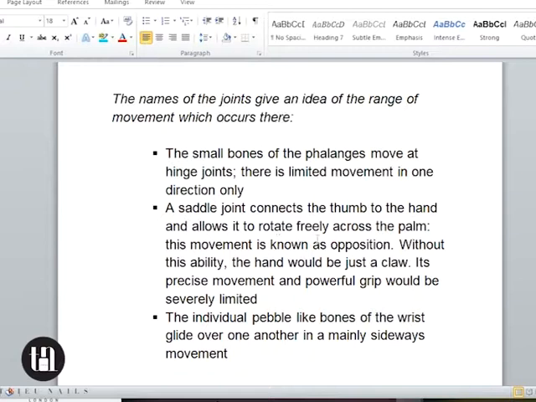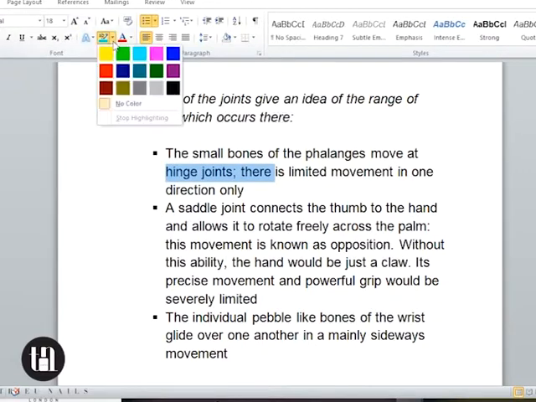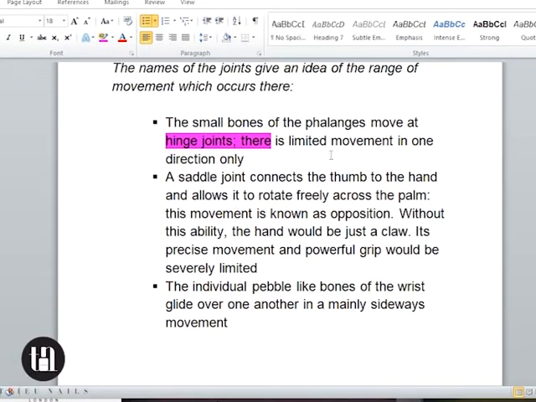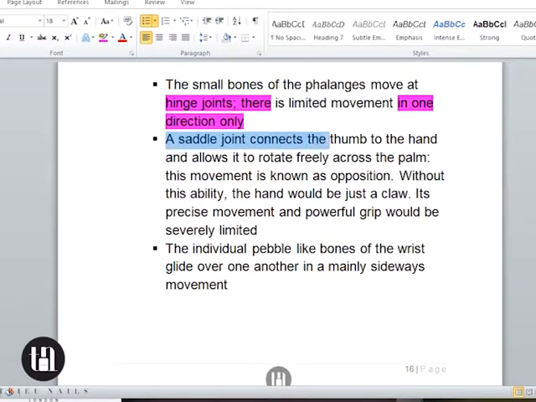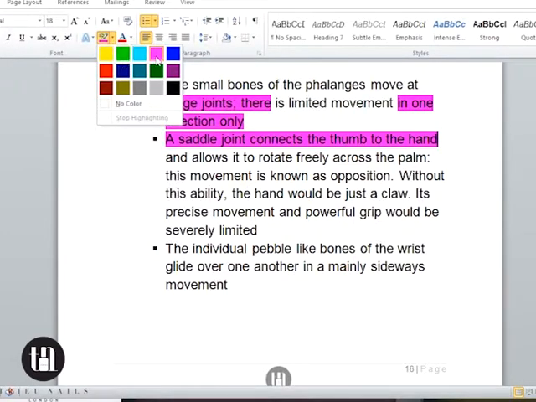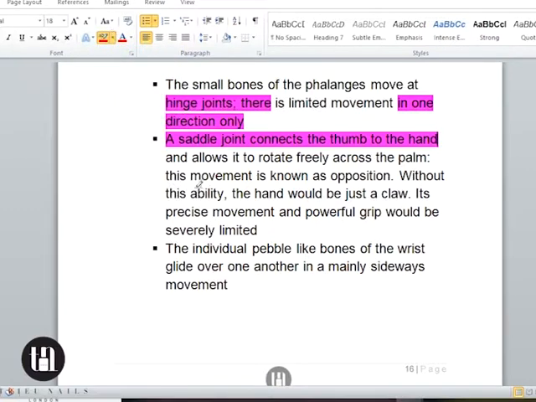There is a range of different joints, and I'll give you an idea of what movements occur within them. The small bones of the phalanges move at hinge joints, which are limited to one direction only. You then have saddle joints, such as the thumb connected to the hand, which allows it to rotate freely across the palm.